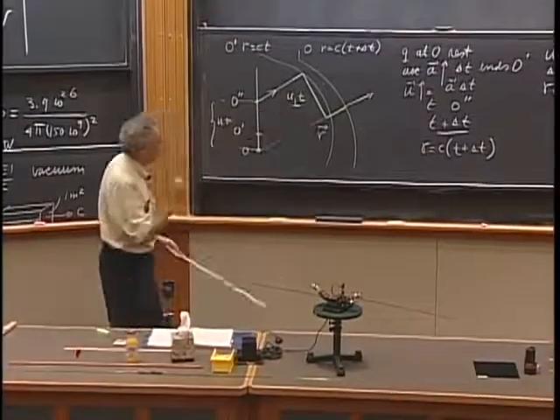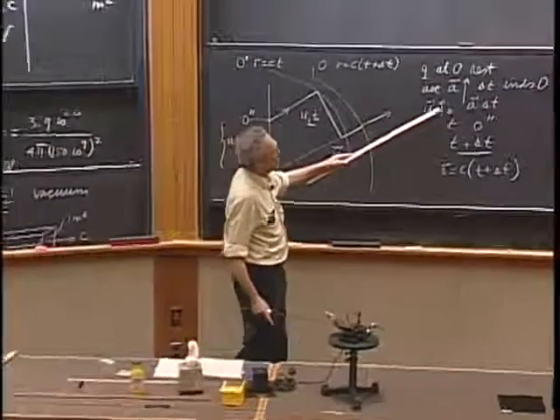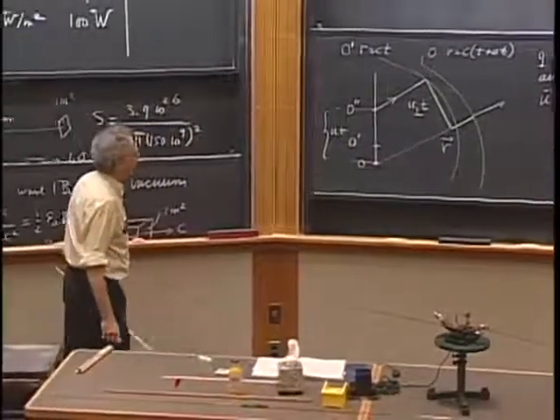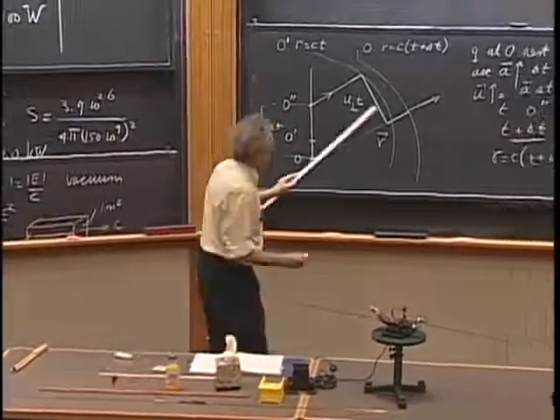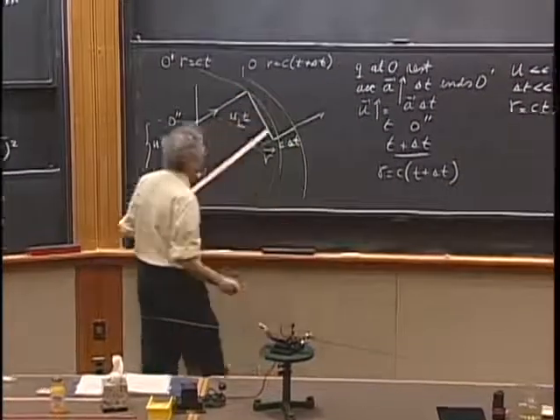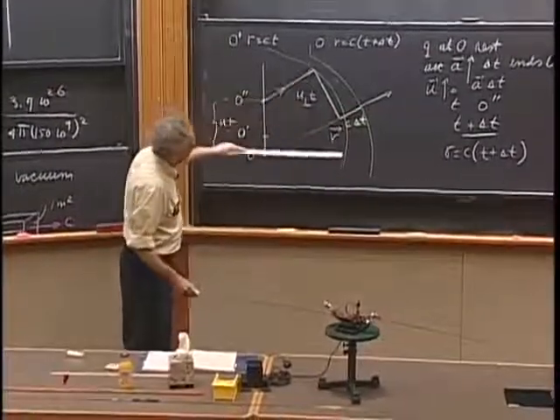So u perpendicular is the component of the vector u perpendicular to my position vector r. And this little section here has thickness c delta t. That is the difference in this radius and this radius, c delta t.